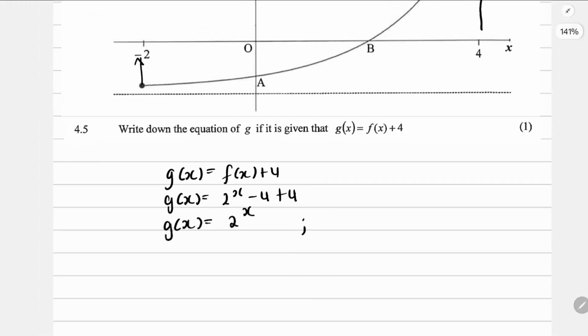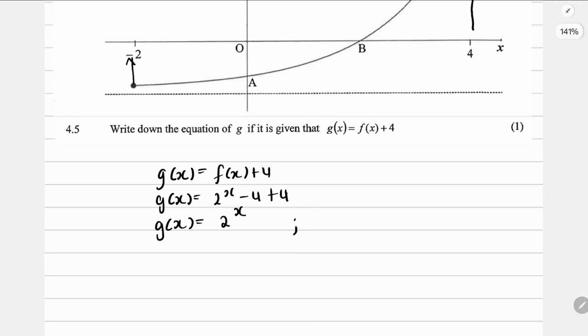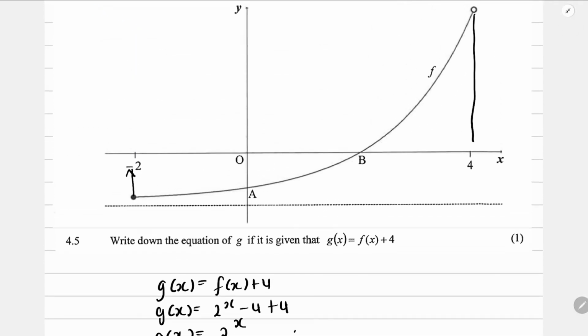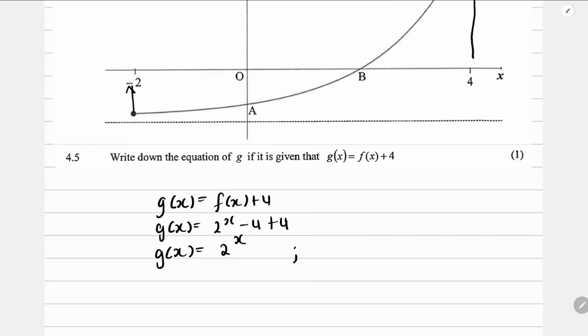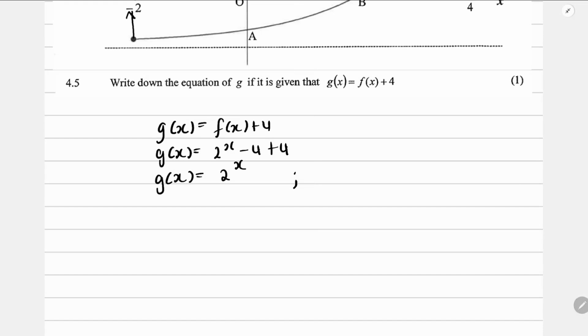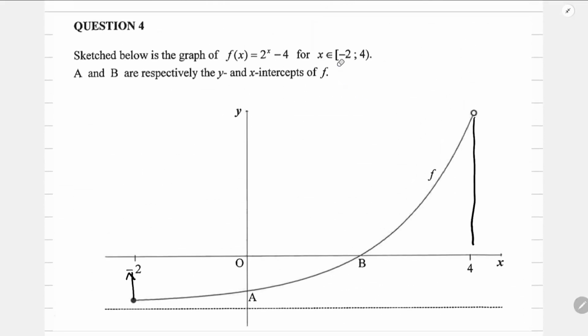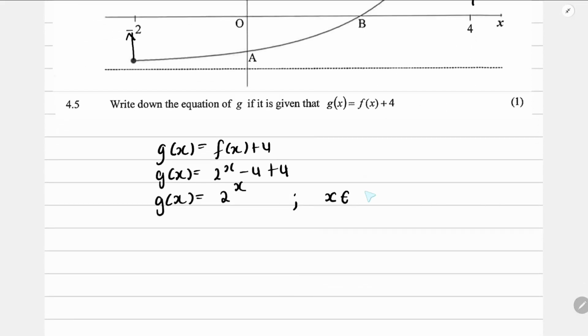So we have to also put a domain here as well. Because the graph was already restricted on the domain, the other graphs that come from this will also be restricted to this domain. So the domain here is where x is an element of, and it's the same domain that we have. It's going from -2 all the way to less than 4.